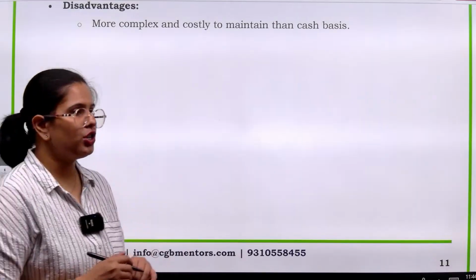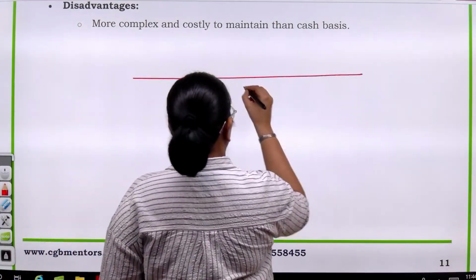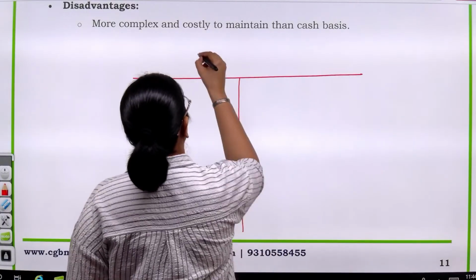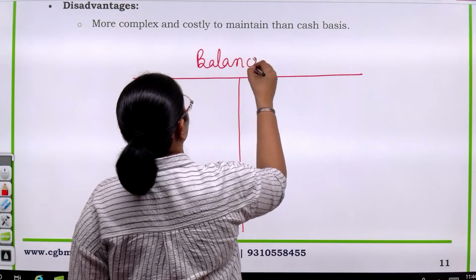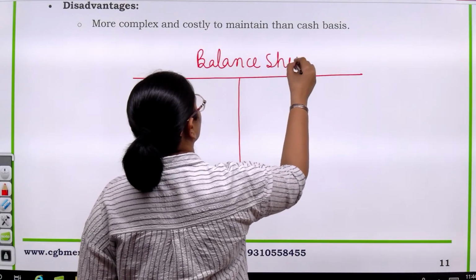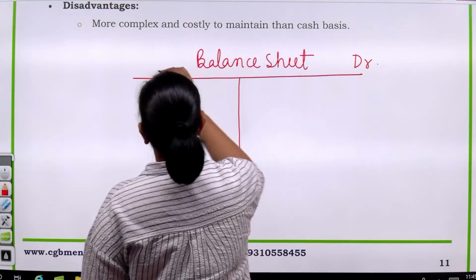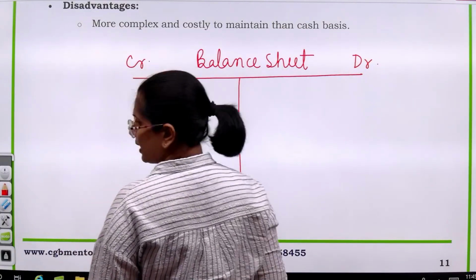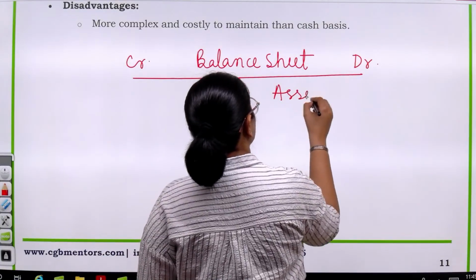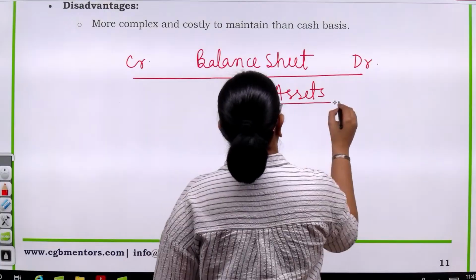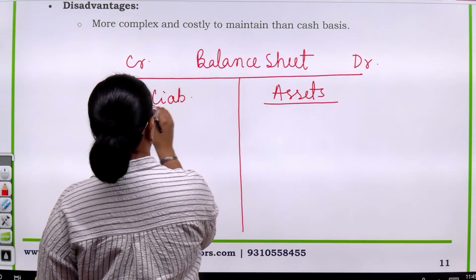So Subhashish, hear me out. This is your balance sheet. And in the balance sheet, this side has debit balance, this side has credit balance. Your assets are written on this side. Your liabilities are written on this side.